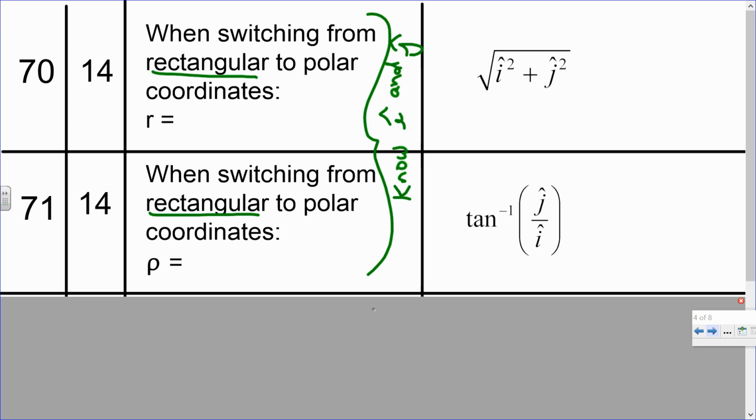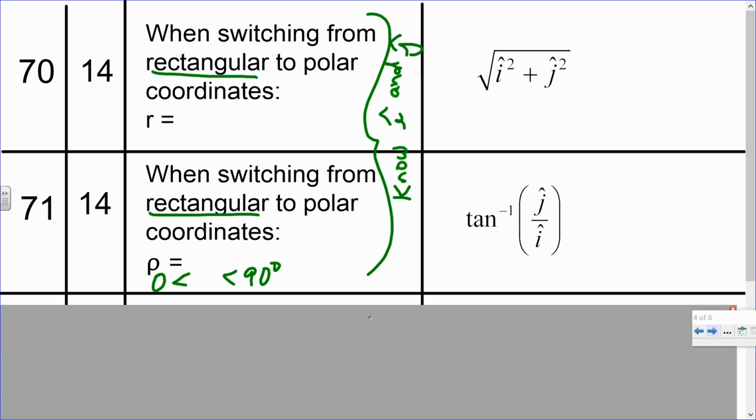If we want to get the angle that's inside the triangle, rho is always going to be our angle that is between 0 and 90 degrees. To do that, and I'll change this to absolute value instead of parentheses, inverse tan of j hat over i hat. We're just going to take the positive components, take the inverse tan. That will tell us the angle inside our triangle for doing right triangle trig.